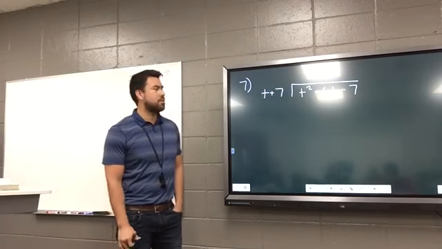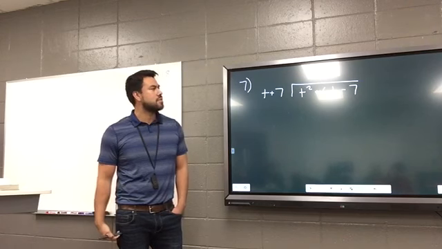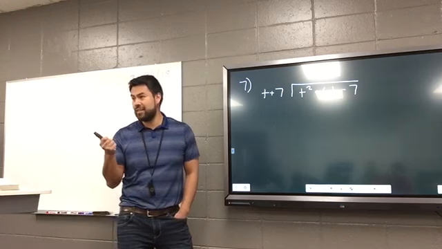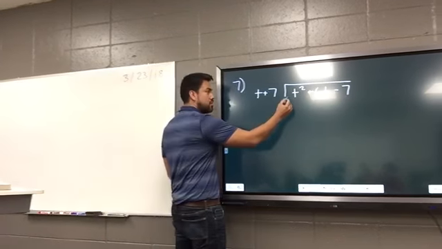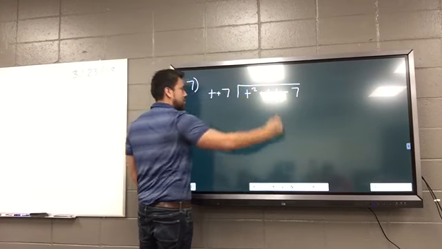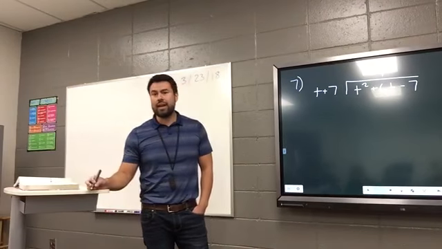Riley, what's my first step? T squared. Say that again. T. Okay, you're going to do t squared divided by t, which is t. Okay, so I got my t.